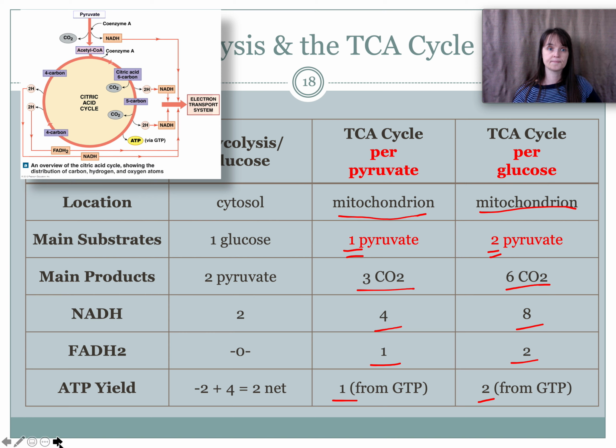So that's how that works. Per glucose, how many ATP do you make in the citric acid cycle? 2. Per pyruvate, how many ATP do you make in the citric acid cycle? 1. Per glucose, how many net ATP do you make in glycolysis? 2 net. So those are all test questions.